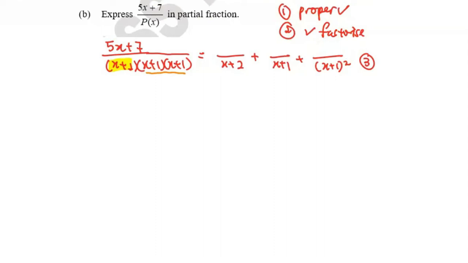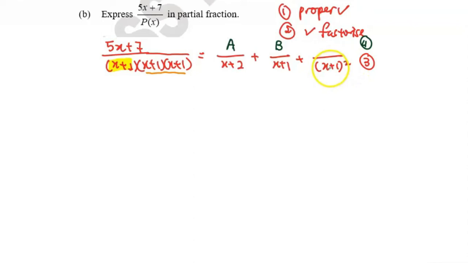Then step number 4, we are going to determine our general term for the numerator, where for the linear factor we put a constant A to maintain it is a proper fraction. When this one is a linear factor, here I will put another constant as B. For the repeating factor, this is not a quadratic factor.